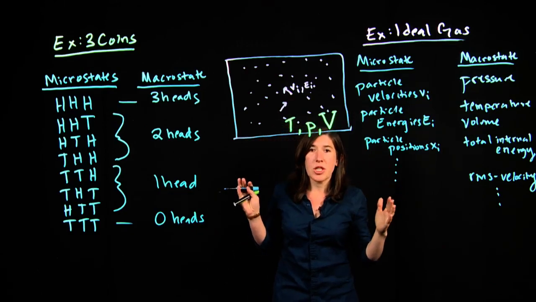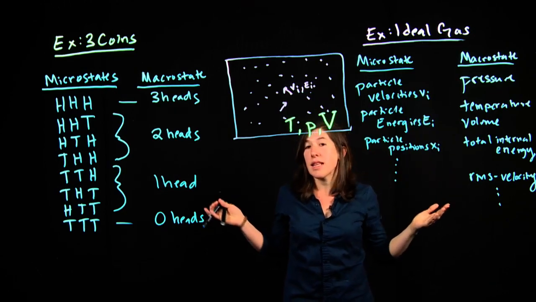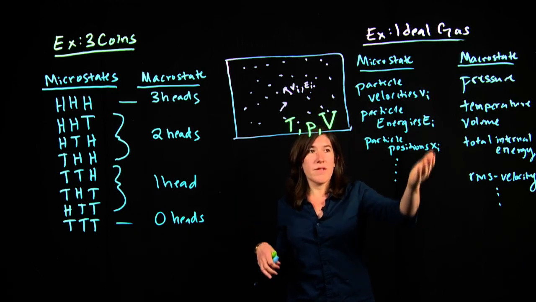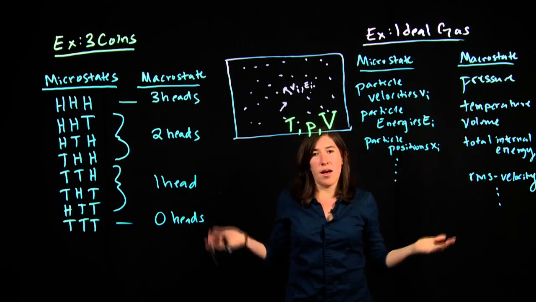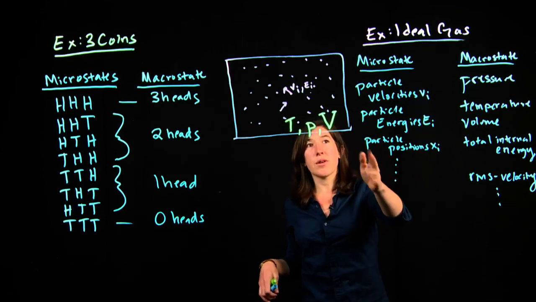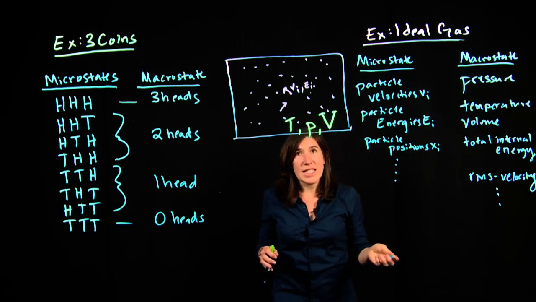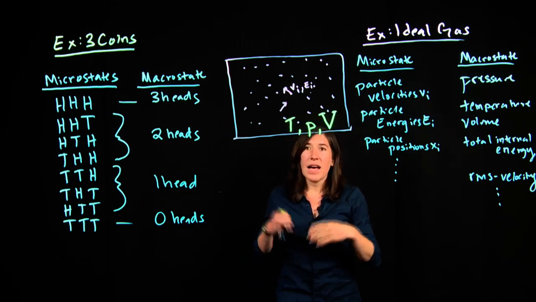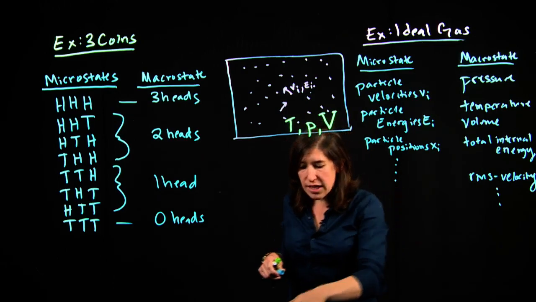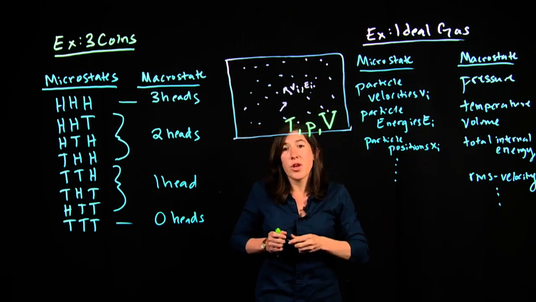The microstate description is changing instant to instant, whereas the macrostate description could be staying the same. If it's in an equilibrium state, then you can have a well-defined pressure and temperature, and if it's isolated, these things are not going to be changing in time, whereas the microstate is going to be changing second to second. So in most cases, when you're dealing with an ideal gas with lots of particles, the macrostate description is not only going to be enough, but it's really going to be a much more useful description of your system.